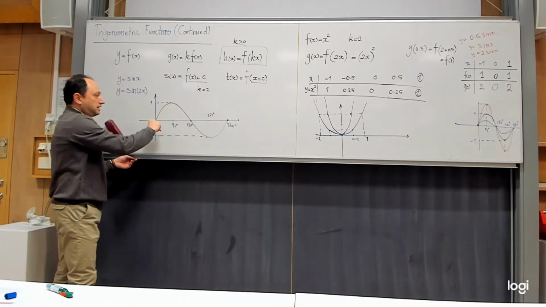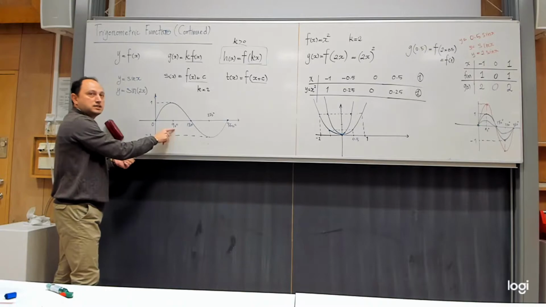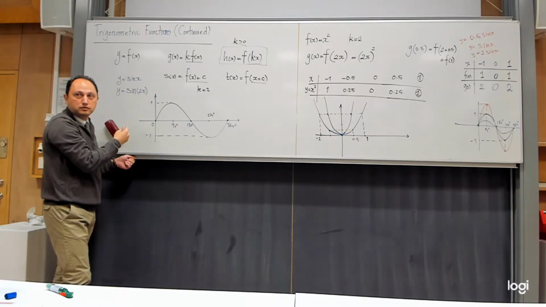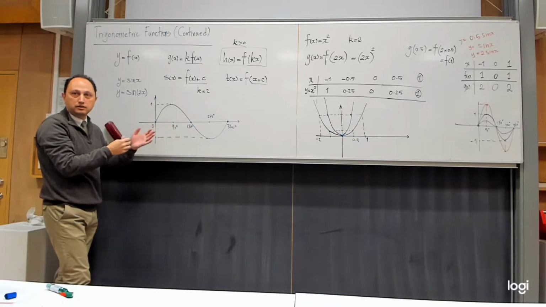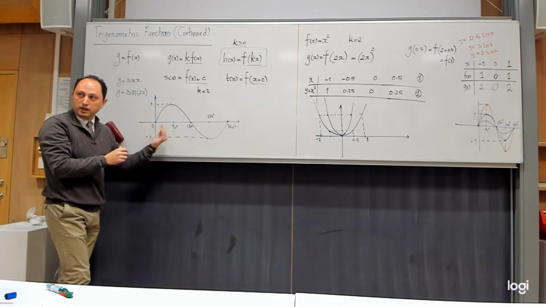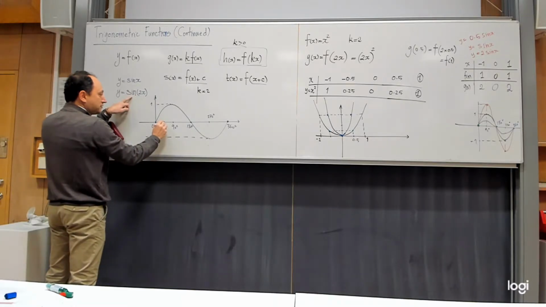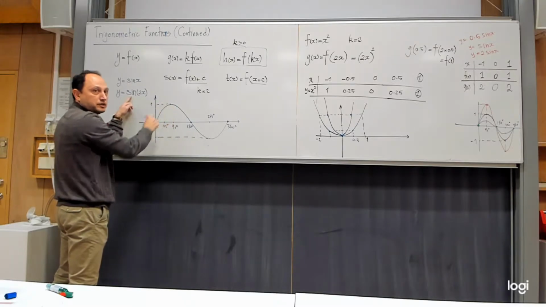So, the old function reaches this height when x is 90. Do you think this function also reaches height 1 at some point? Yes, but where? Earlier or later? Earlier, yes, when it is 45, agree? So the new function, when I am at 45 degrees, reaches the same height as the previous function, yes?